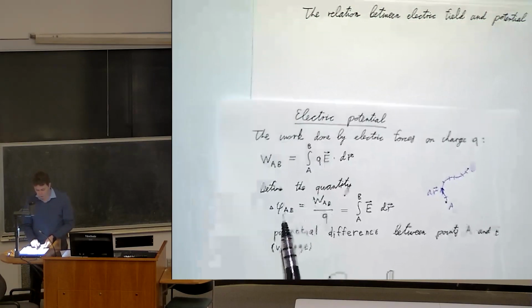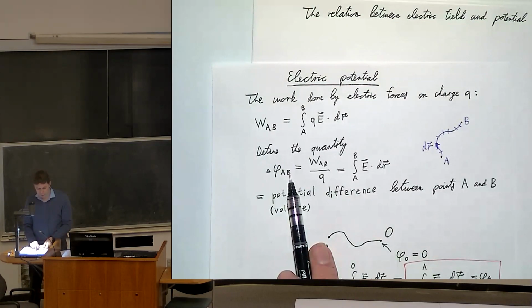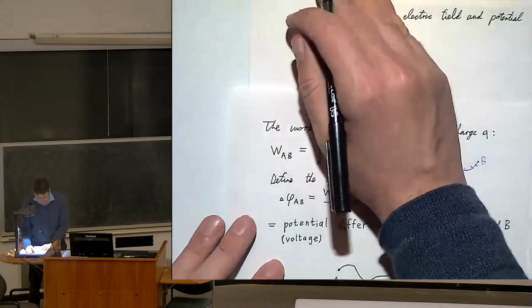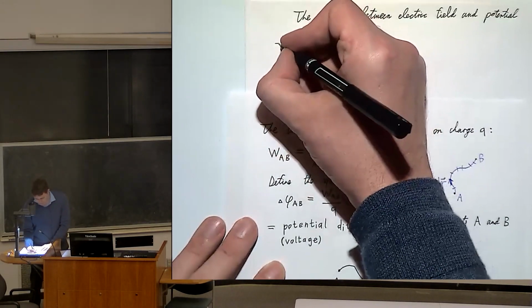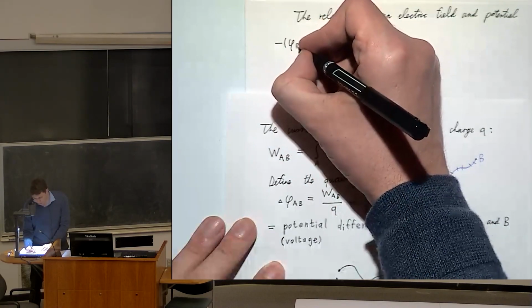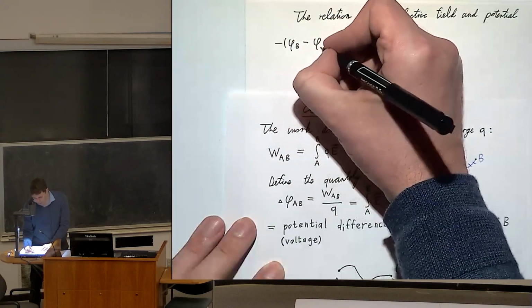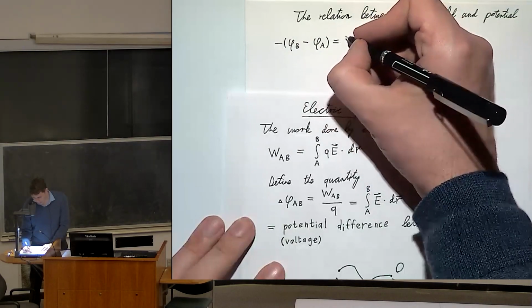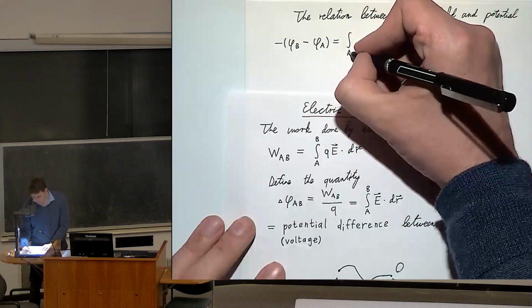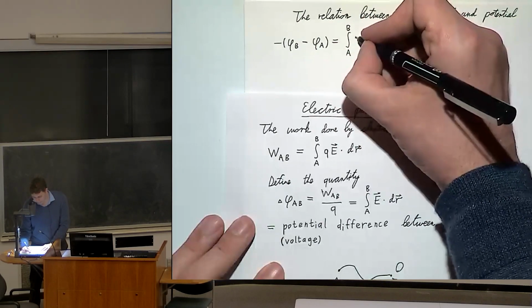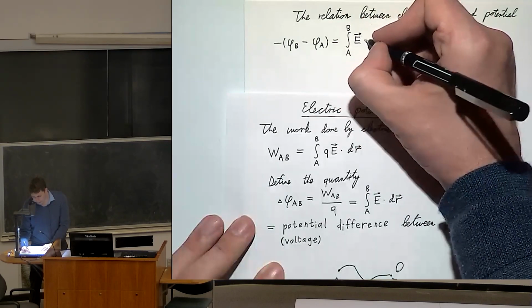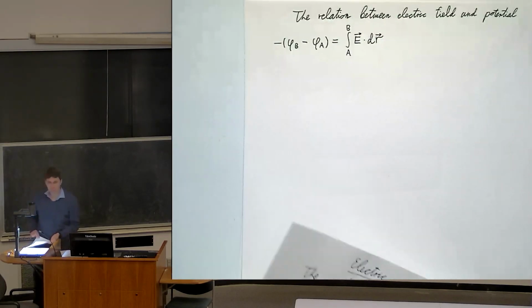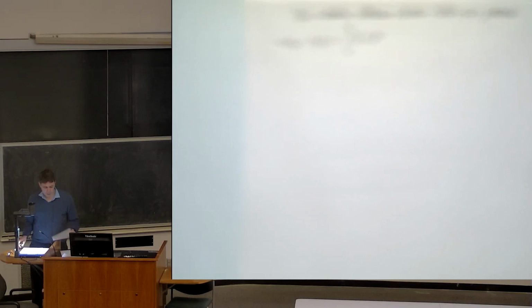So, first, this is phi A minus phi B. Let me rewrite it as minus (phi B minus phi A) equals the integral from A to B of E dot dr. Just to rewrite the same formula.